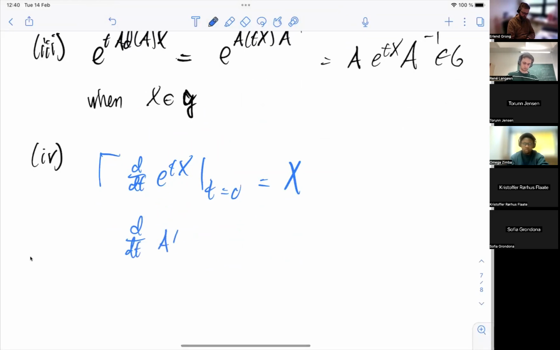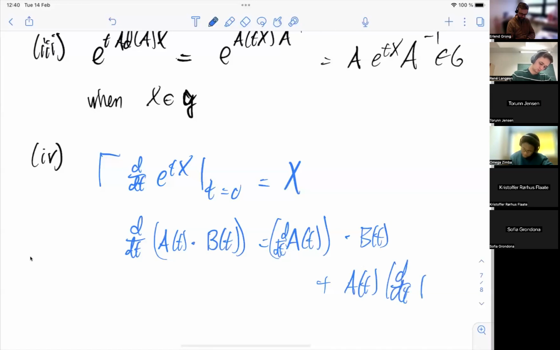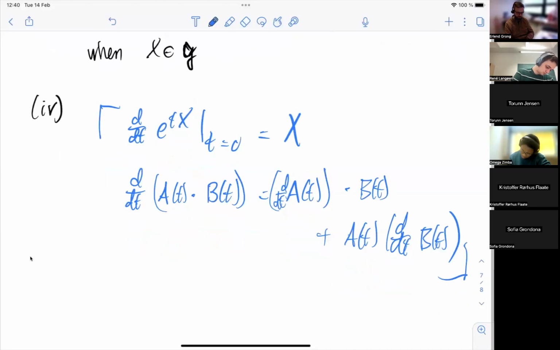If we have a of t times b of t multiplied, then the derivative is the derivative of the first one multiplied with the second one, plus a of t times d/dt of b of t. To see this, you can just use what the coefficients in the product matrix for a times b are. They are given by a sum of products of elements, and that gives us this result right here.